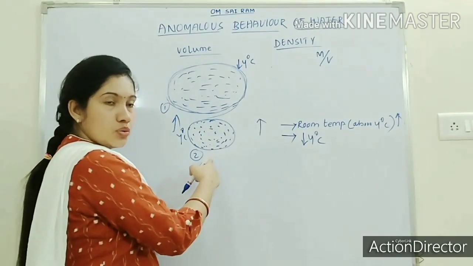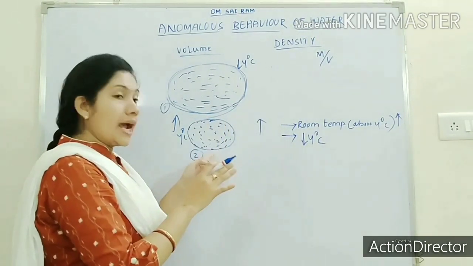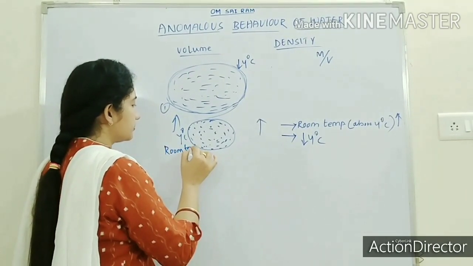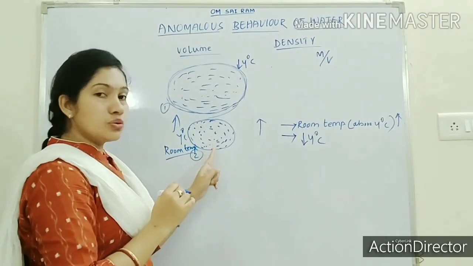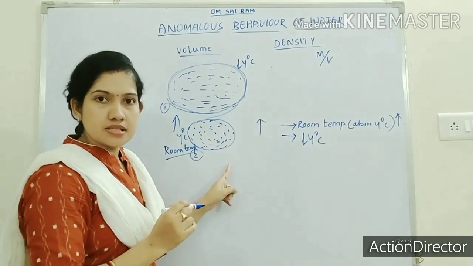If we allow it to cool above 4 degrees Celsius, or we can say at room temperature, it will reduce its volume and increase its density.